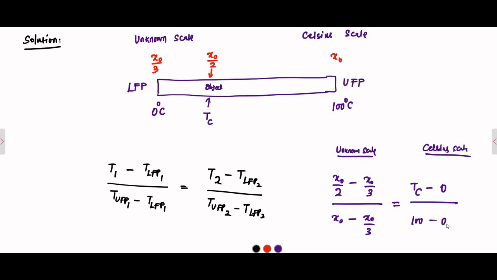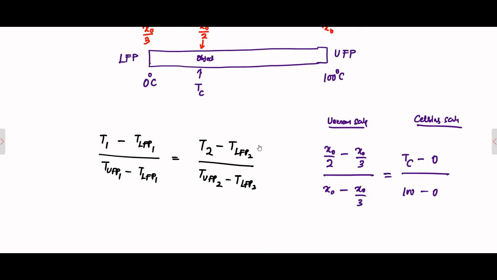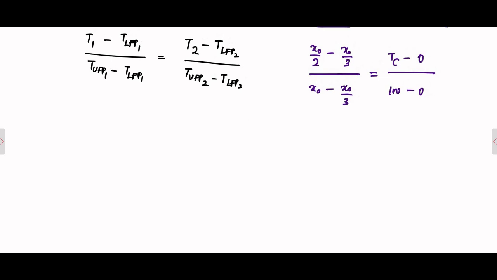Okay, so now we have to make the calculations. Taking LCM, 3x0 minus 2x0 by 3x0 minus x0 by 3 is equal to Tc by 100.